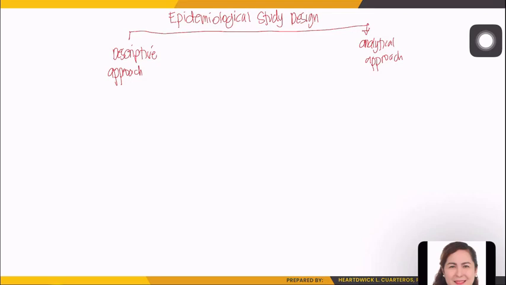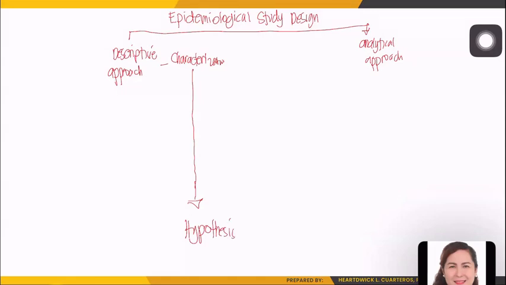We identify here the patterns and trends to generate a hypothesis. So, when we say descriptive, characterization, for us to generate our hypothesis.